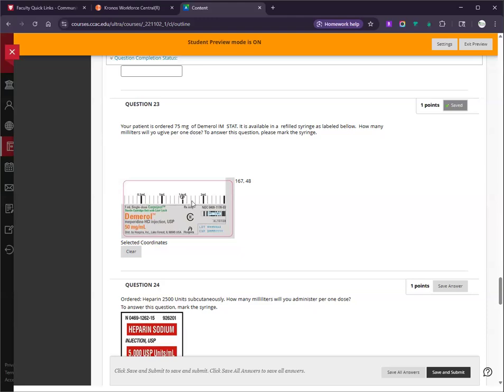And then 1.6, 1.7, 1.8, 1.9, 2. So if your answer was 1.8, then you're going to put your marker at the 1.8. If your answer is 0.7, then you're going to put your mark at the 0.7.